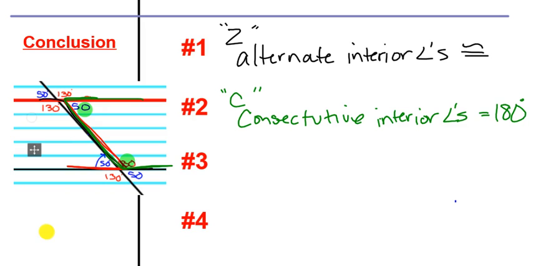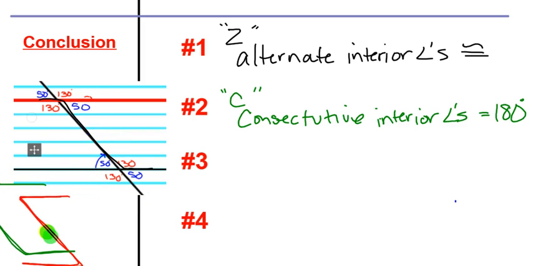Then we have the angles that are outside of the lines. Let me get rid of some of this extra information. All these lines. The angles that are on the outside, I have this 130 up on top, and I have the 130 on the bottom.